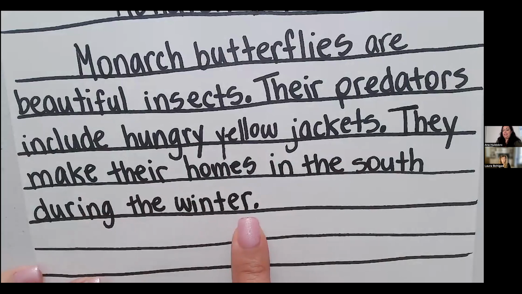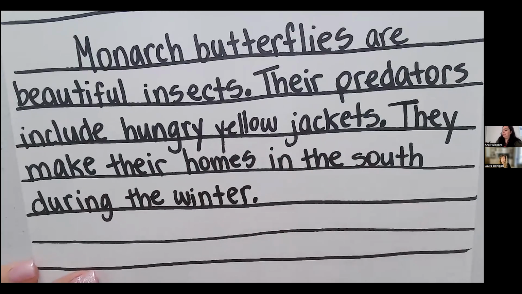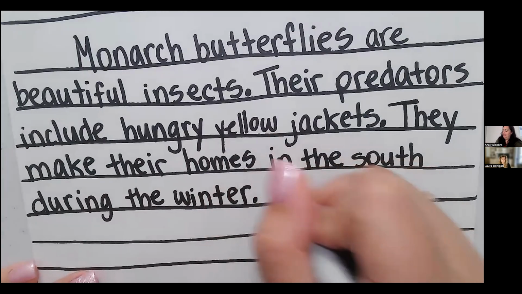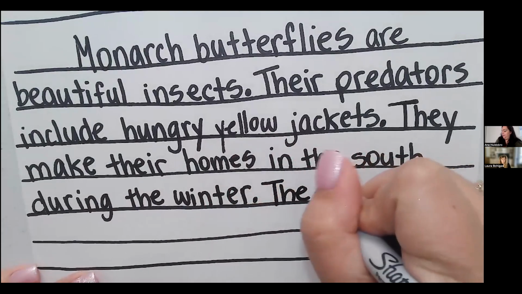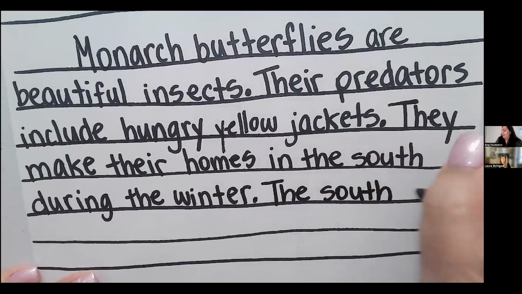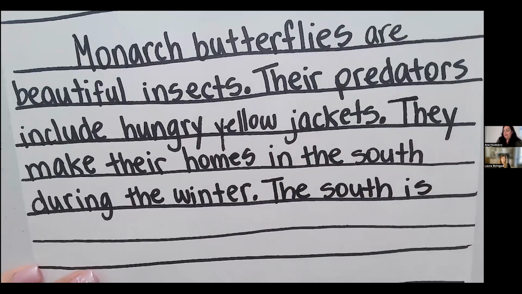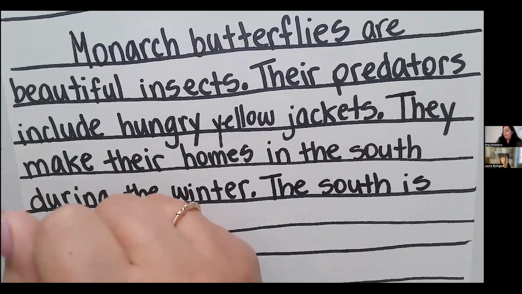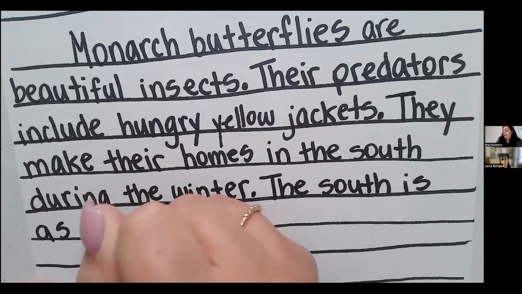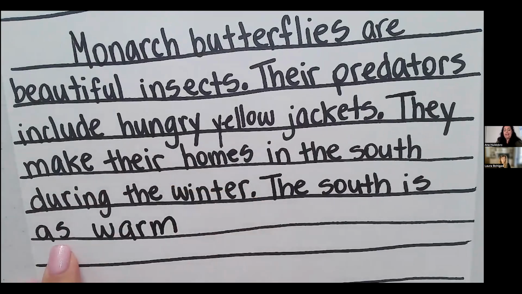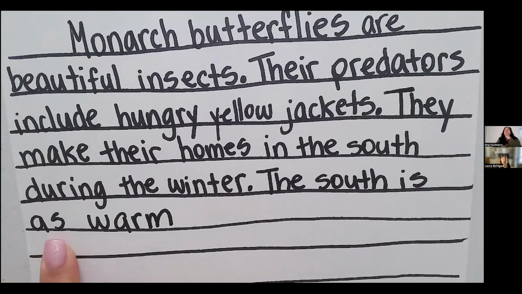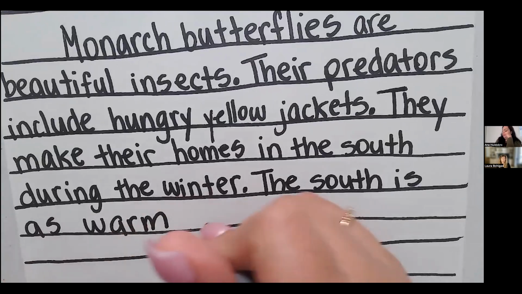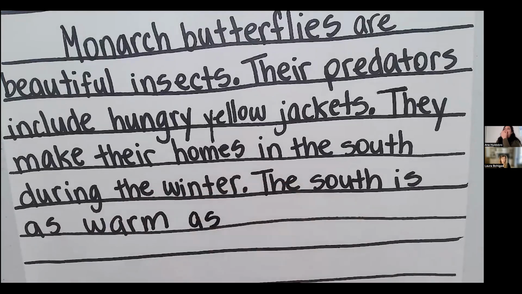Now I'm going to use my simile because I don't want a super long sentence. In the South is as warm. So I used as. Remember, a simile uses like or as. The South is as warm as, what's warm?